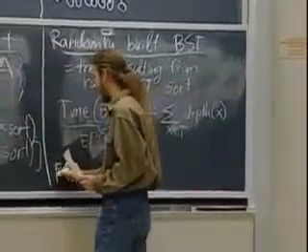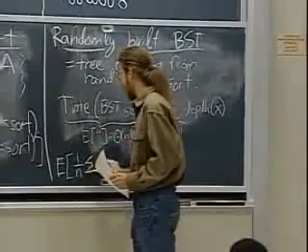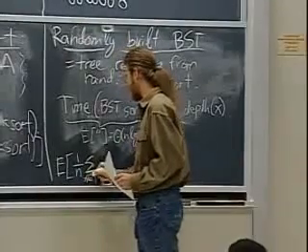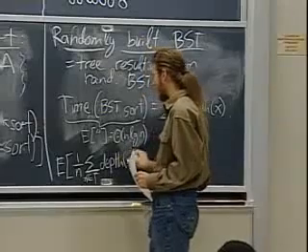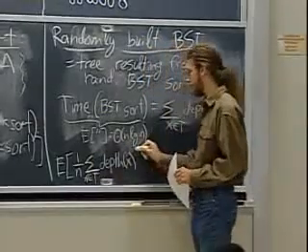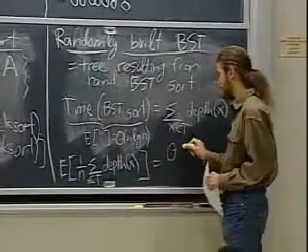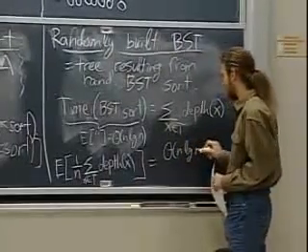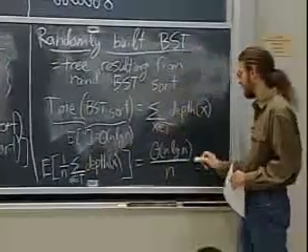Let's look at the expected average depth. So if I look at 1 over n, the sum over all n nodes in the tree of the depth of x, that would be the average depth over all the nodes. And what I should get is theta n log n over n, because I divided by n on both sides.